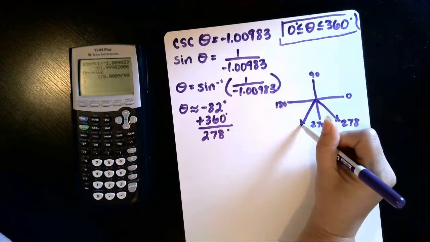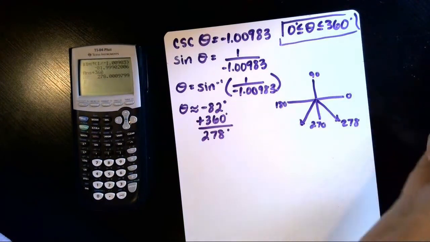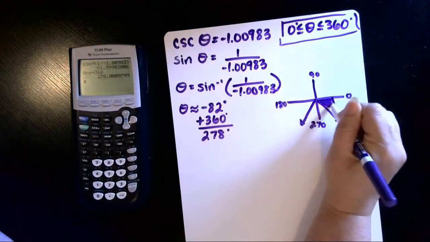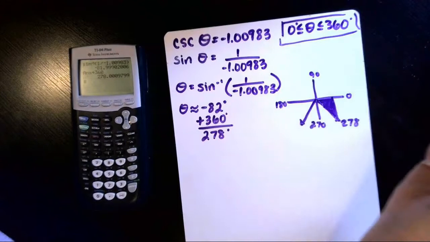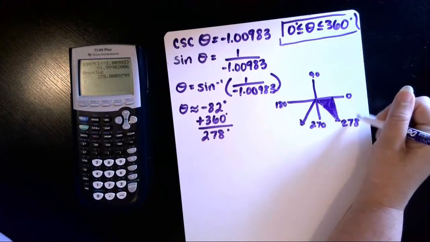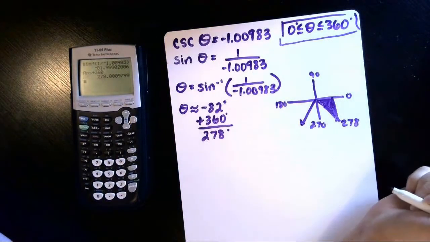So we want to find this angle using our reference for quadrant 4 to move it in quadrant 3. So the reference angle here was 82 degrees, because we had to go back from 0, in the negative direction. Negative 82 got us to 278.